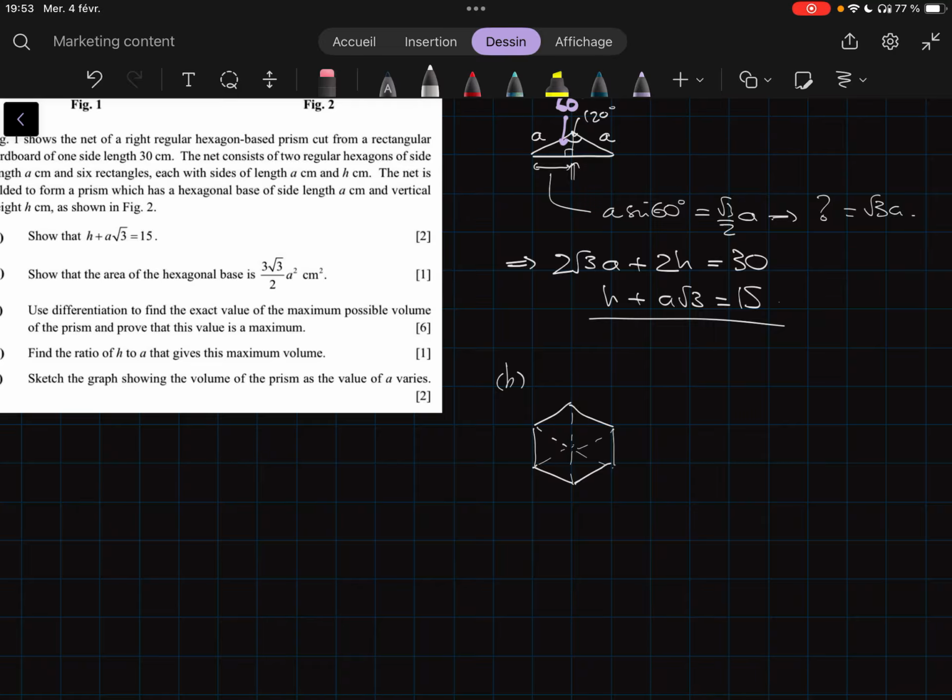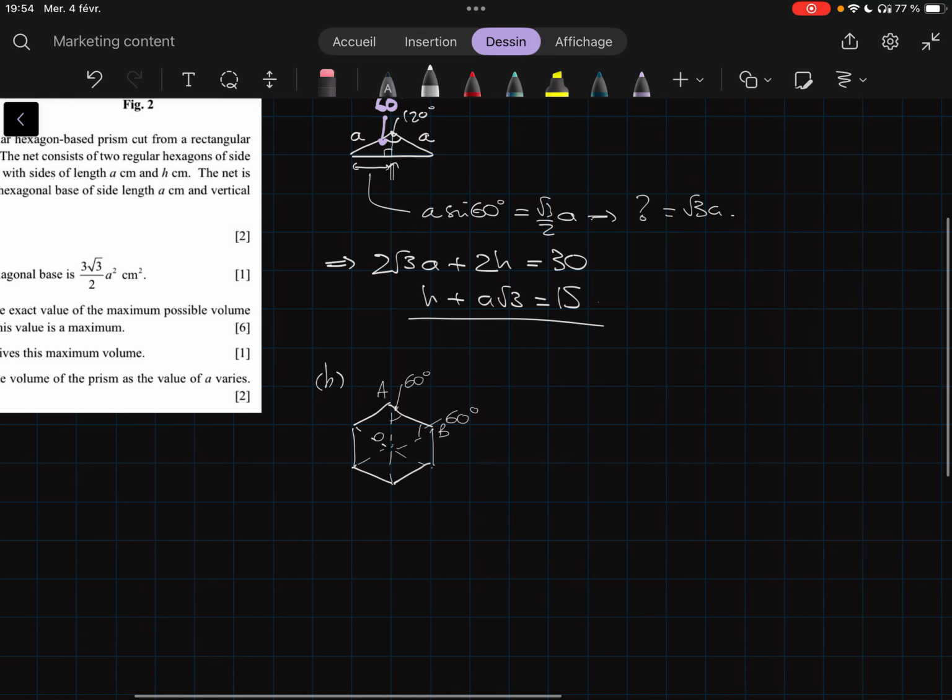So, we found out earlier that this angle here has to be 60 degrees. But this angle is also 60 degrees. That means that if we look at, say, triangle AOB, we can conclude that triangle AOB is equilateral, because angle OAB is equal to angle OBA and is equal to 60 degrees.